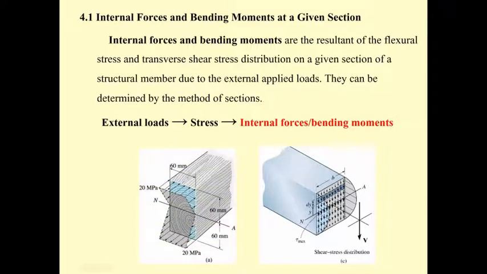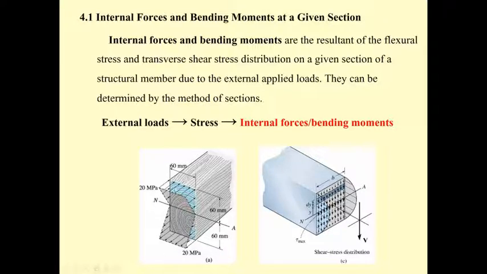Okay, the beam on the right is subjected to the shear forces and has the shear stress distribution like this. We have this in chapter 7 of the mechanics of materials. And the beam on the left is subjected to the bending moment, and it has the stress on the section in the form of flexural stress.